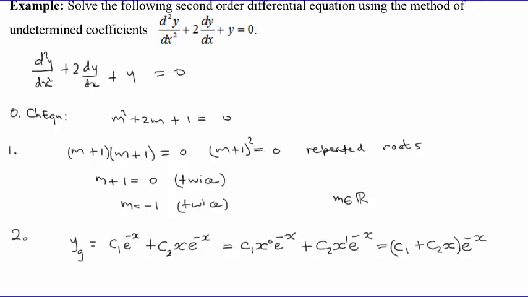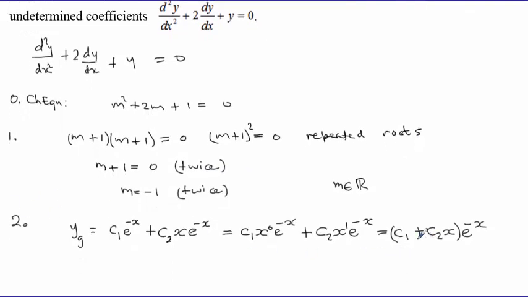Now we can try to figure out what would happen if m was equal to minus 1 three times, for example. Let's say it was repeated 3 times. We'll do exactly the same thing.